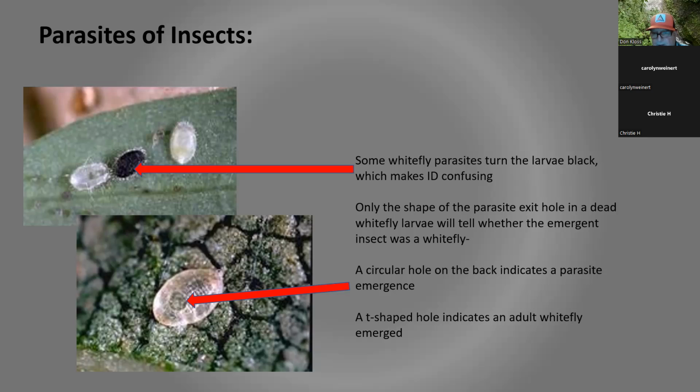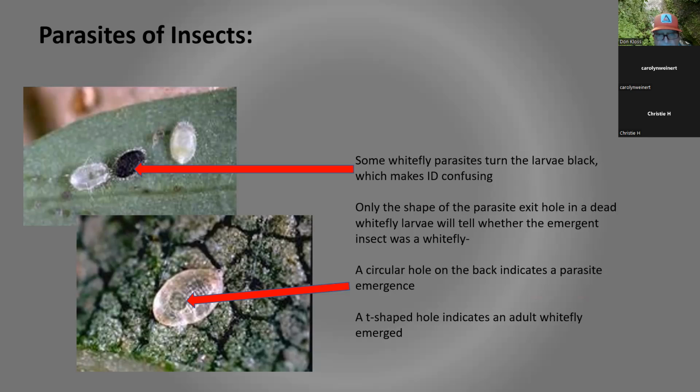Only the shape of the parasite exit hole in a dead whitefly larvae will tell whether what emerged from that larvae was a whitefly or was the larvae of another insect.